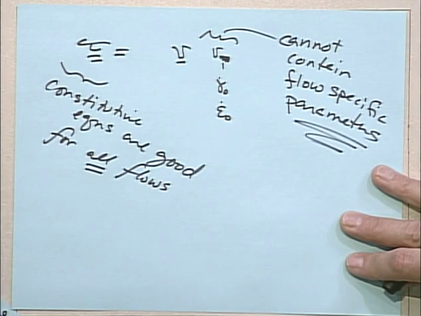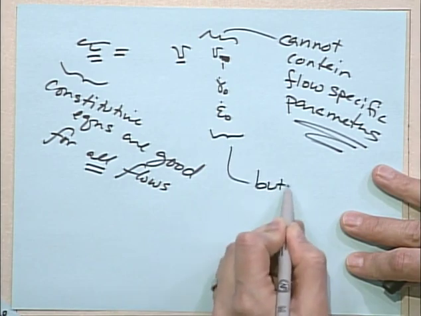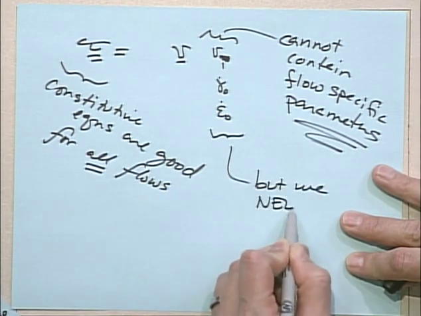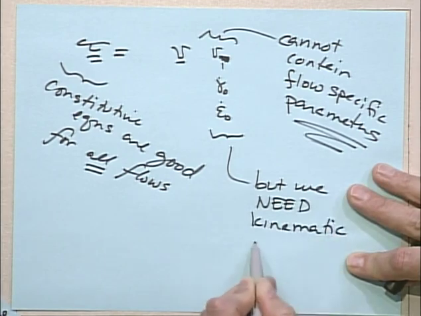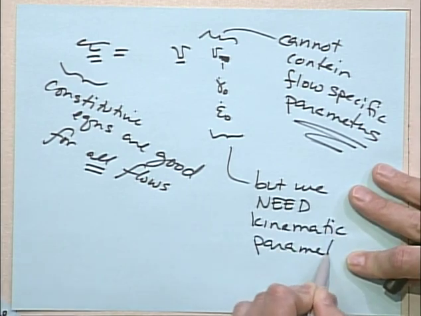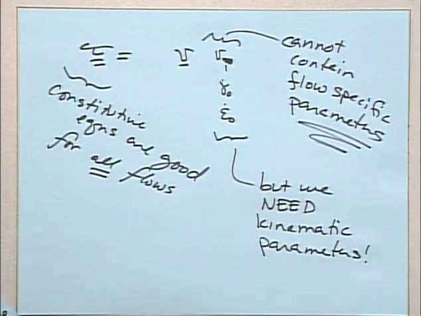And this is where the invariants become useful to us, okay? Because instead of putting in flow-specific parameters, we need some kinematic parameters. We need some way of saying that the rate at which the flow goes changes the response of the material.